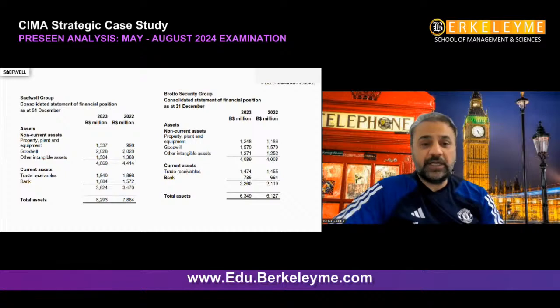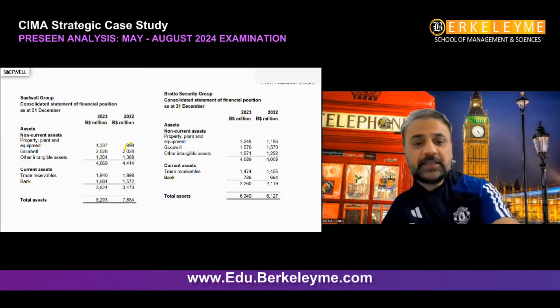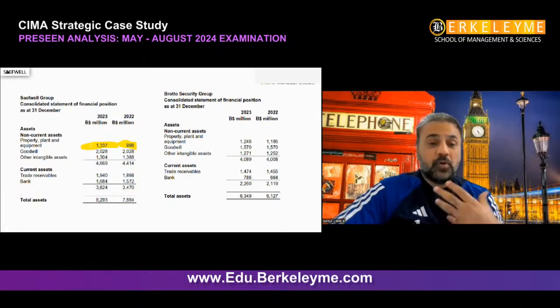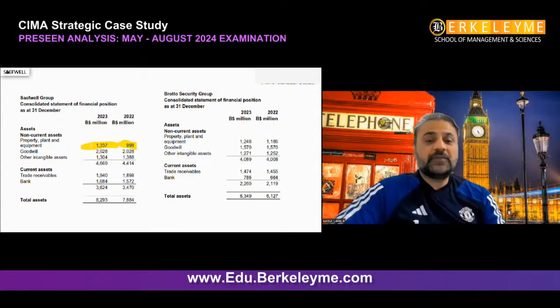Now moving forward, let's see the balance sheet. You can see that the 998 assets, property, plant and equipment, has grown. So it means that this year the company has bought some kind of equipment, plant or property. We will see what further information is available for us in order to see how things are moving.